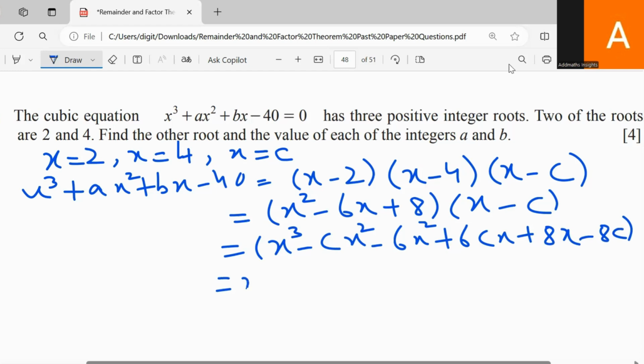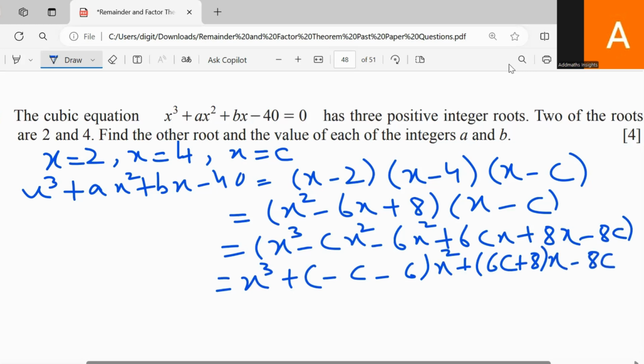And then you can combine like terms: minus c minus 6 x squared plus 6c plus 8 x minus 8c. And when you compare it with the coefficients of the terms on the left-hand side of this equation, you can write down the values.